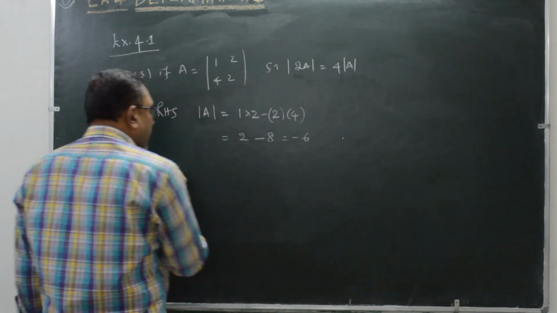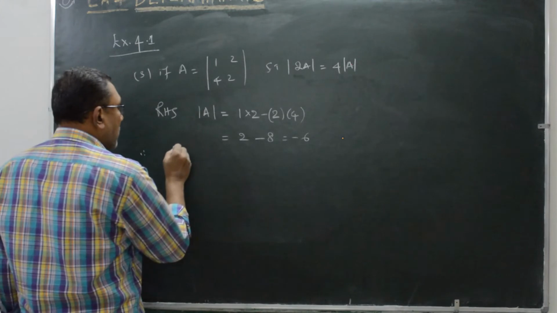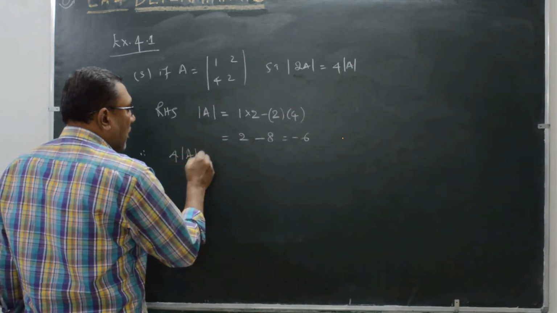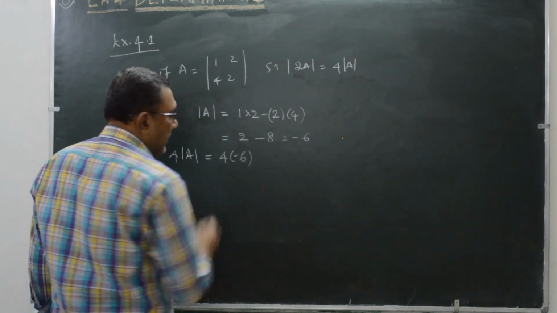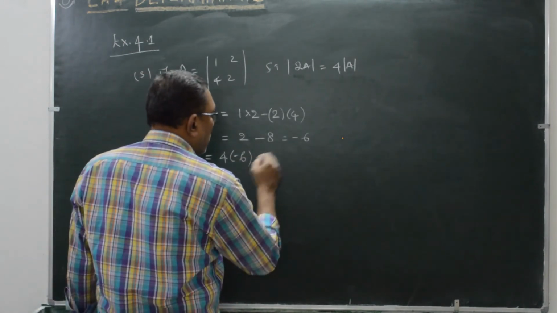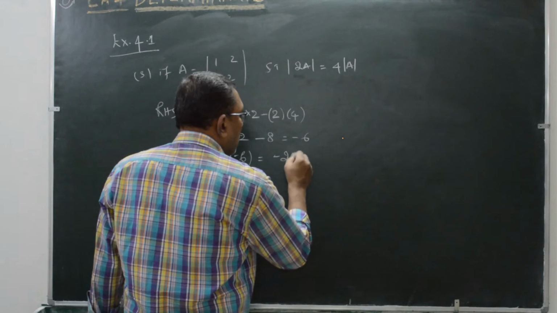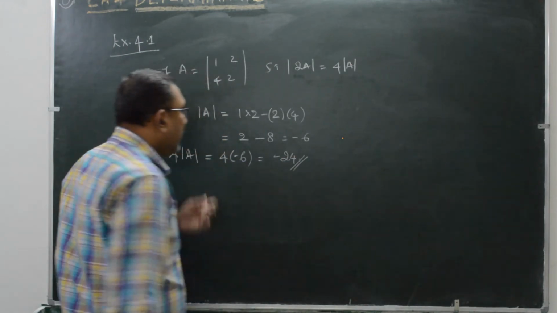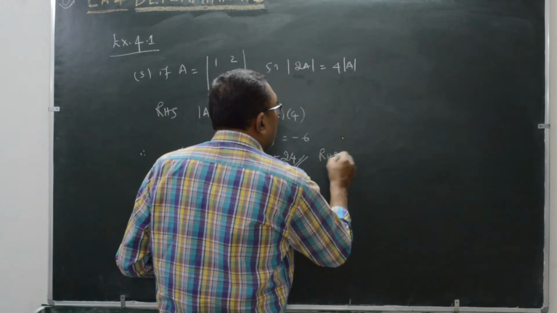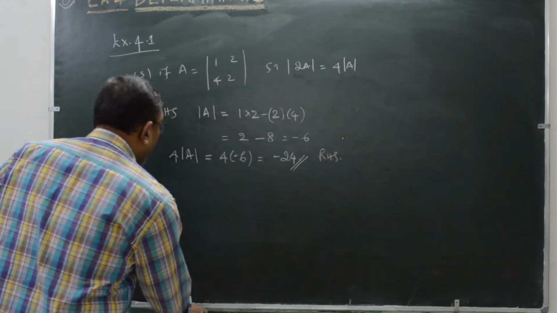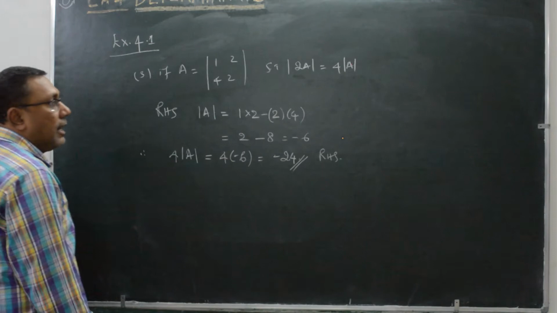Therefore, 4 times the det value will be 4 times minus 6, which is minus 24. We will keep this as the value of the RHS.